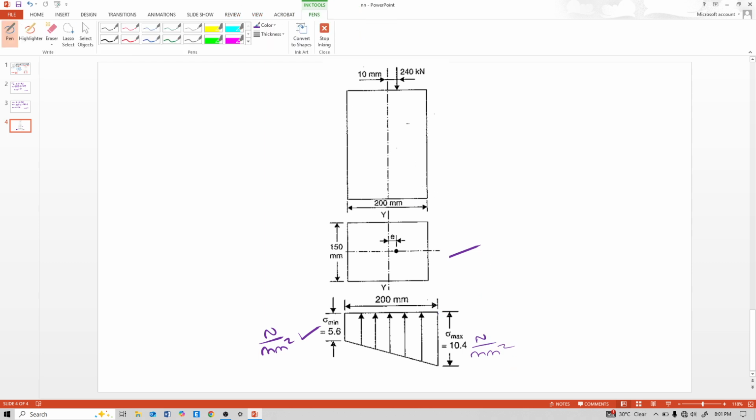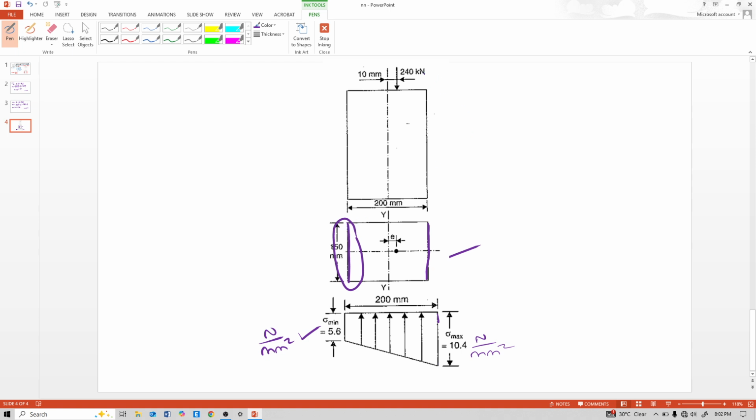See, this stress 10.4 Newton per mm square is for this region, and minimum stress 5.6 Newton per mm square is for this region. Why on this portion does stress come minimum? Tell me the reason.